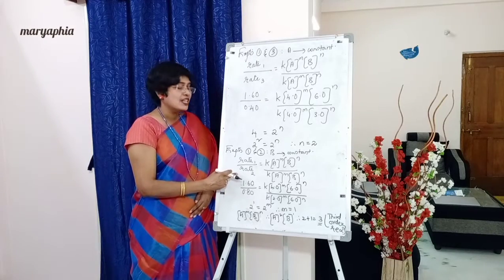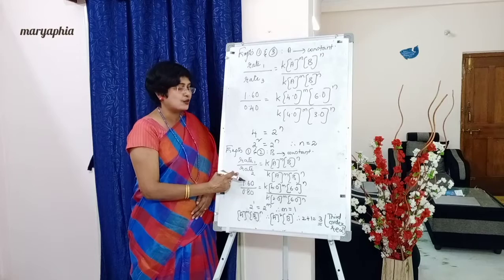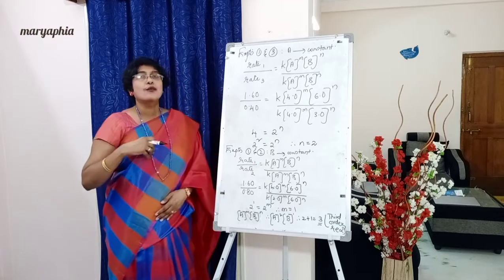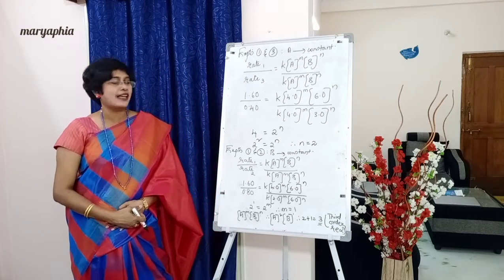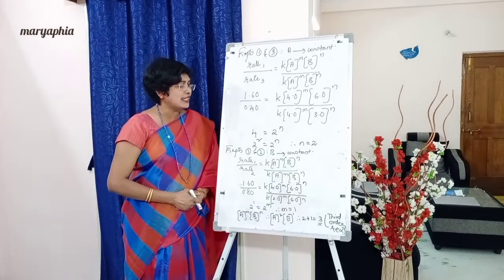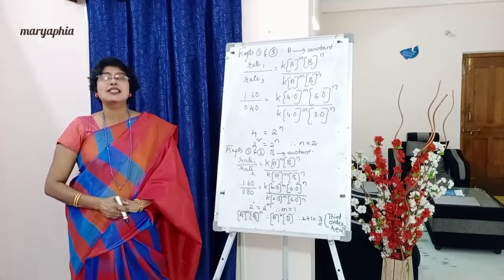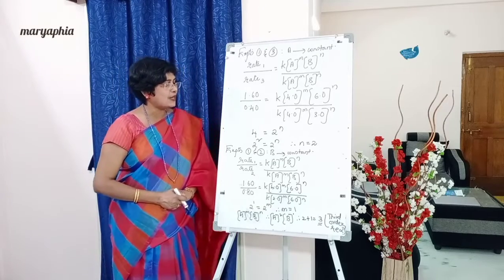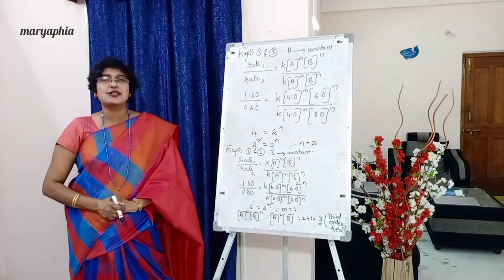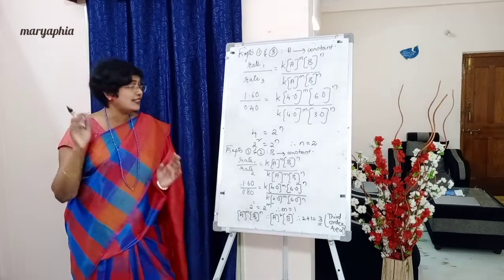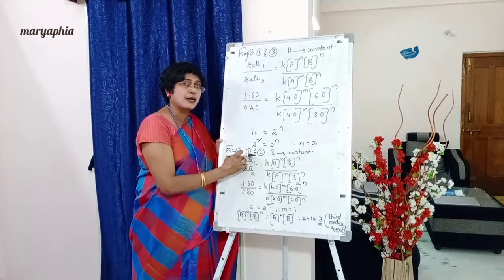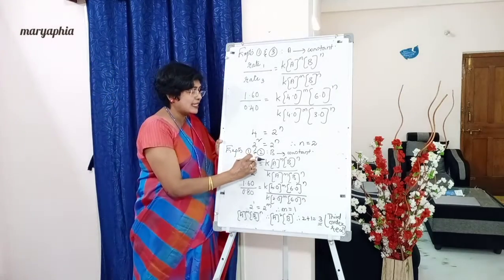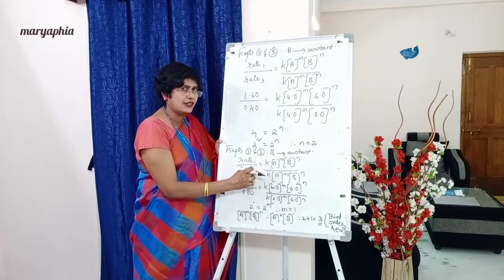So rate 1 by rate 2 is equal to the same formula we have taken there: K into concentration of A to the power m into concentration of B to the power n, divided by K into concentration of A to the power m into concentration of B to the power n. Now you should concentrate on these two experiments, first and second, and substitute the values.